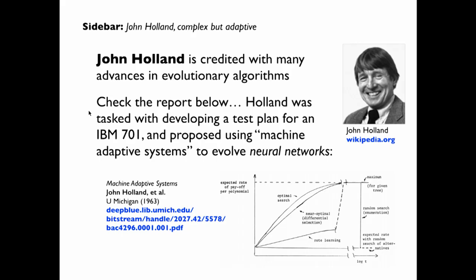And what he proposed was something called machine adaptive systems. What he wanted to do was evolve the test plan and use neural networks, but he had to evolve the neurons. So this is interesting because this is where it sort of crosses over from what McCullough and Pitts had been doing not so many years earlier in terms of neural networks. And now we've got this idea that we want to try to evolve populations of neural networks to try to solve a really complex problem, a QA plan.